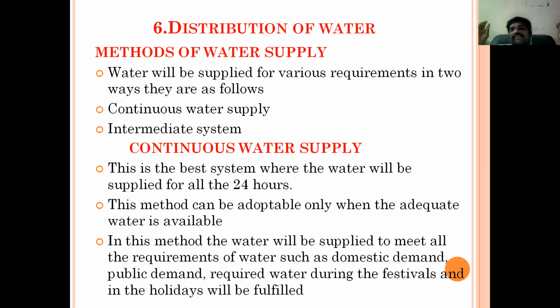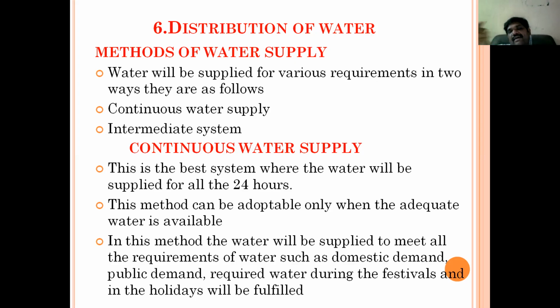This system can be adapted only when adequate water is available. And one more thing is, in this method, the water is supplied to meet all types of water demand, like public water demand, domestic water demand, and all purposes; during festival days and during holidays, the excess loads can be easily fulfilled in this water supply system.